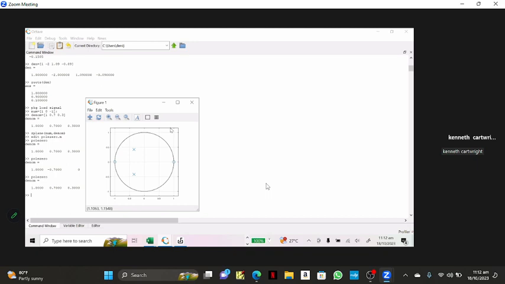If your poles are on the unit circle, then you have marginal stability. And being on the unit circle means the magnitude of the pole is 1. And if the magnitude of the pole is less than 1, that's where you want to be. You want a stable system. Any questions about that?